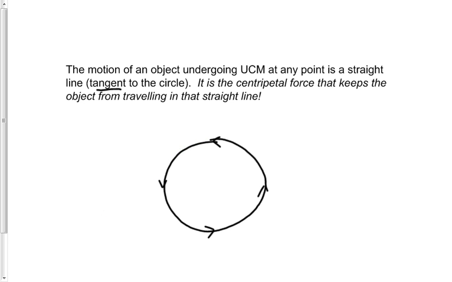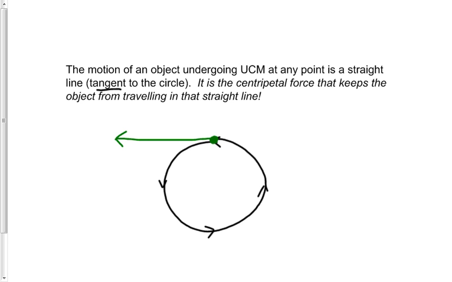An object that's going in a circle is really just at any given point going in a straight line. As soon as we remove the force that's keeping it from continuing to go in that straight line, it will once again go in a straight line. In other words, if we remove the centripetal force of the object right here, it's going to go right here.